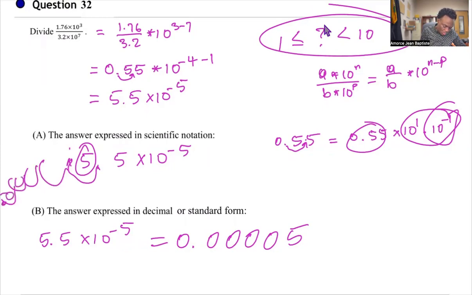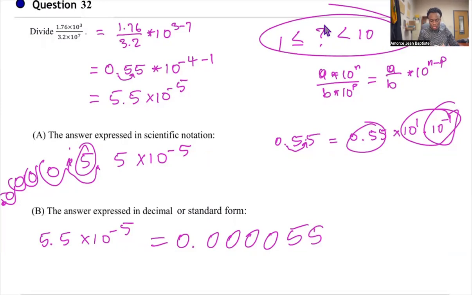So 0, 0, 0, 0. We got 1, 2, 3, 4 zeros, and then 5. So we need 4 zeros. 1, 2, 3, 4, 5. Perfect. That's another 5.